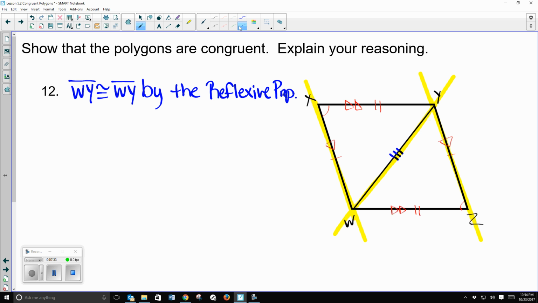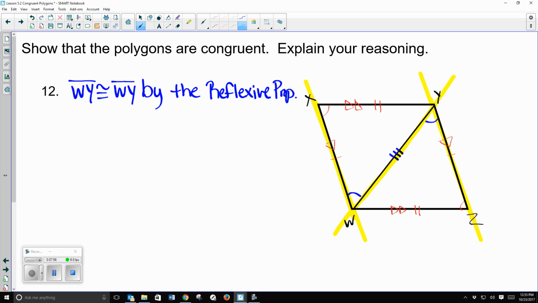The one on the left or the one on the right? Left. Those 2 are congruent to each other. We don't know about the other 2 yet. These 2 lines being parallel do not affect these 2 angles because they're made with the other lines. So these 2 angles are not affected by these lines being parallel. These 2 angles are affected.